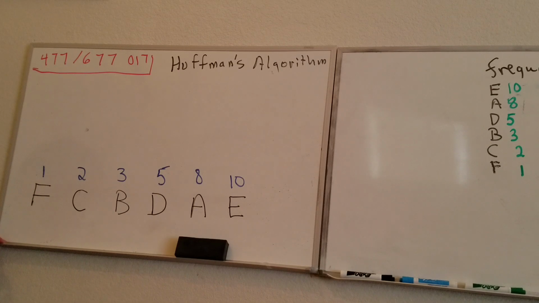Now, Huffman was a student working under a relatively famous professor. And the professor, a very long time ago, asked the students to find an efficient prefix-free binary code for an alphabet with an arbitrary distribution.